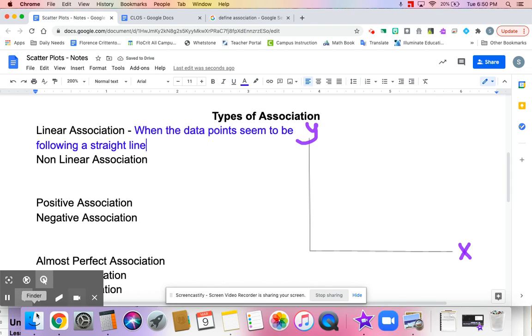What I mean by that is it's not going to just go in a straight line all the way up. But if it sort of looks like it's going up in this way that I could draw a straight line through it, or if I zoomed out it would sort of look like a straight line, then it's a linear association, like this.